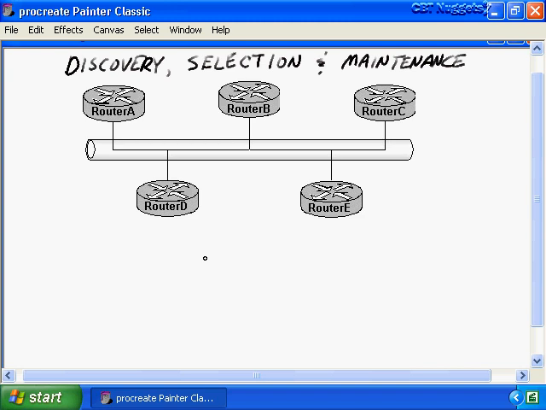Okay, let's reinforce the EIGRP terminology and concepts by looking at the discovery, selection, and route maintenance process. As I mentioned, EIGRP routers use the hello protocol or hello packets for the neighbor or peer discovery process.